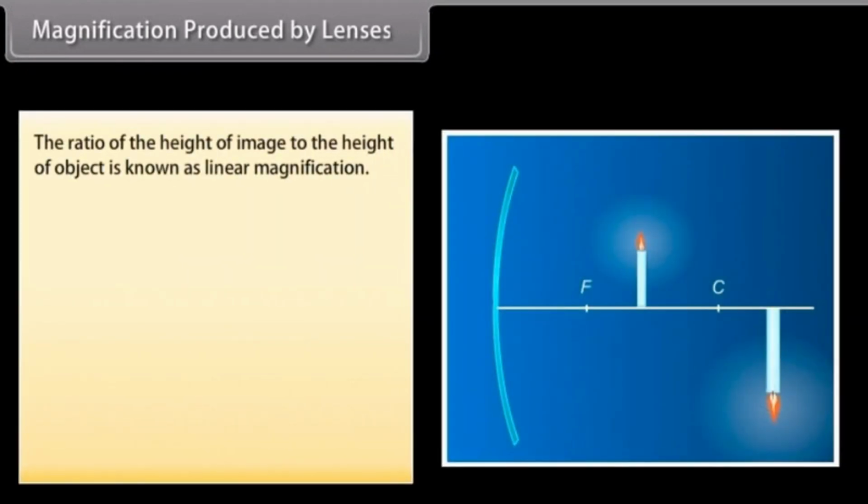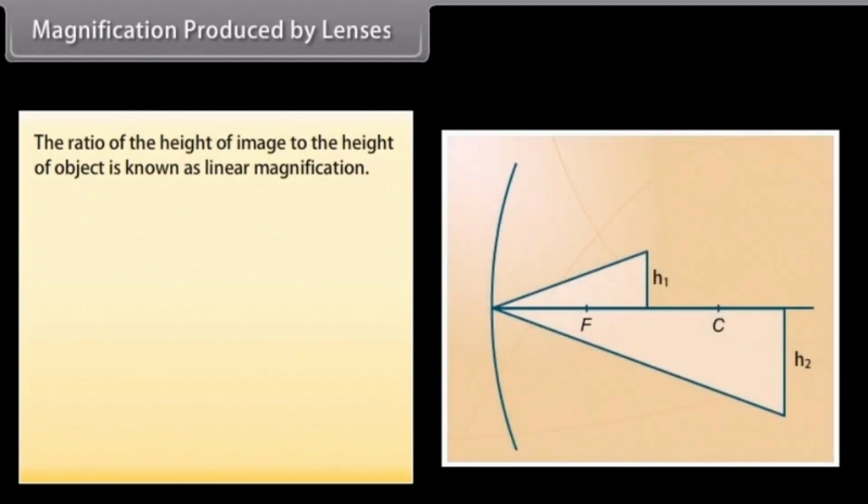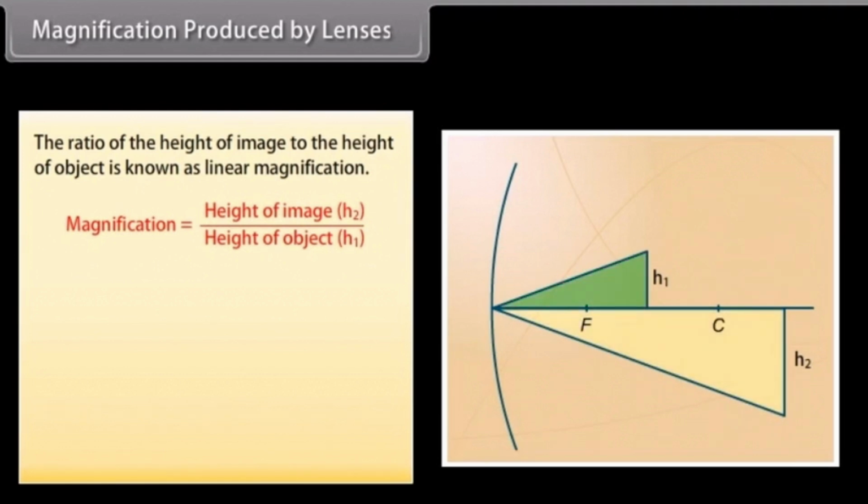Magnification produced by lenses. The ratio of the height of the image to the height of the object is known as linear magnification. Magnification is equal to the height of the image h2 upon the height of the object h1. M is equal to h2 upon h1, which is equation 1.